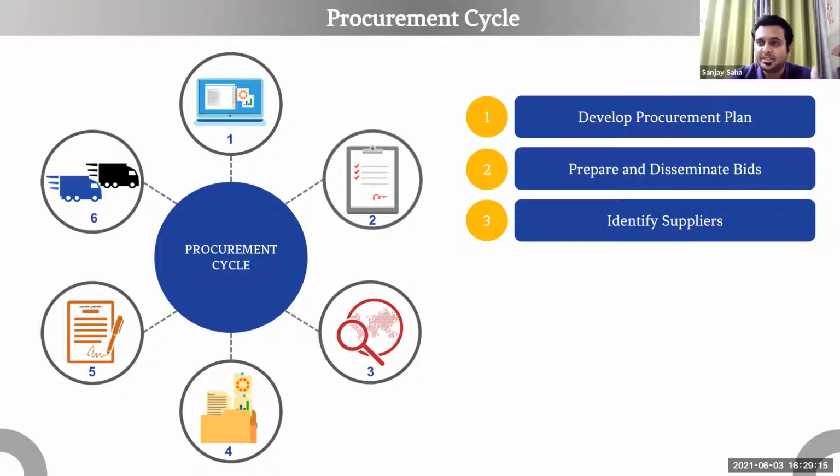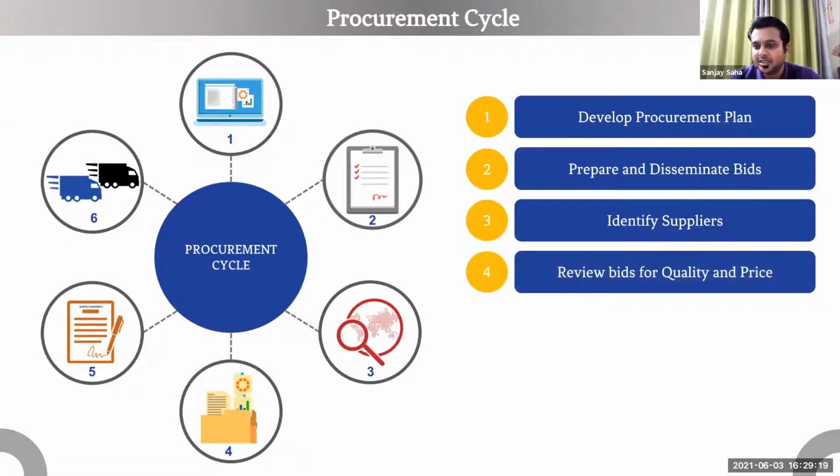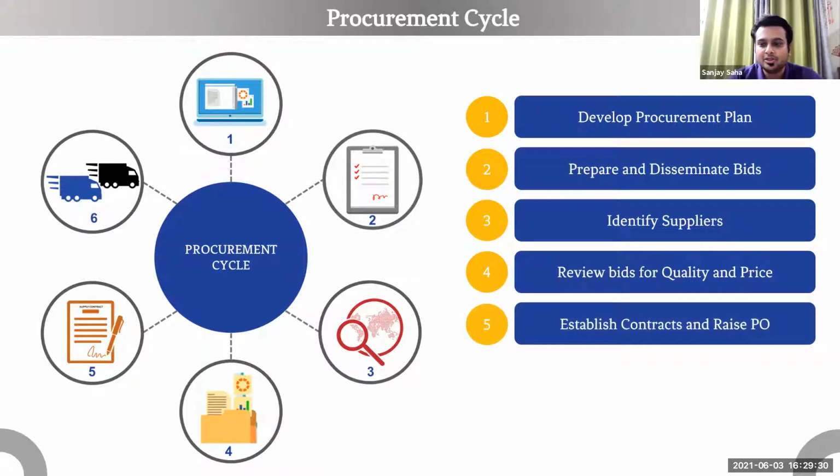Based on the bids that you receive, you identify the suppliers and review the bids that the suppliers have submitted. You review them for quality of the products and the price of those products. In different countries, they either look at only price. I'm sure you are familiar with the term L1.